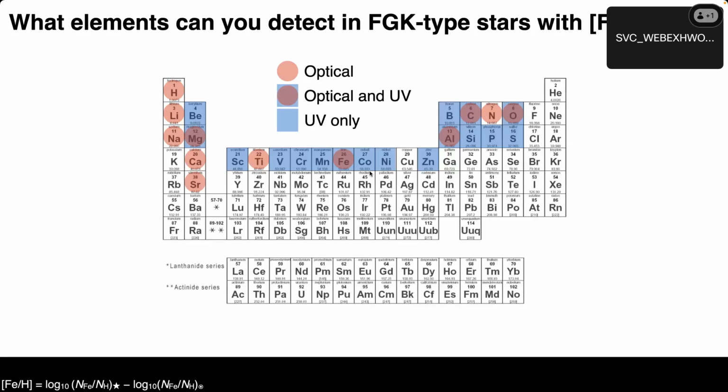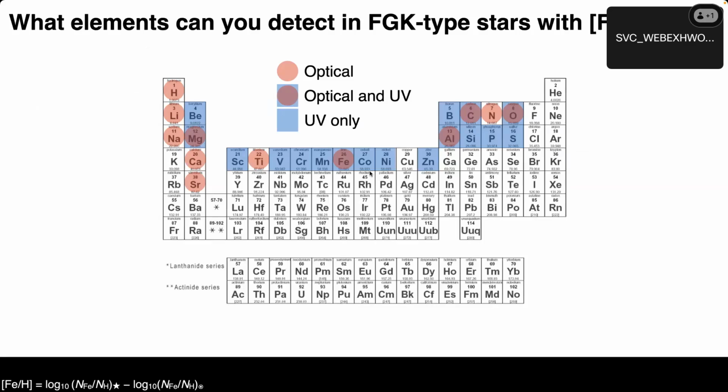UV spectrum, as you might guess, is key to both objectives. That's why we're here today. And this is because the strongest absorption lines of most metals are found in the UV. This periodic table illustrates which elements are found and where.